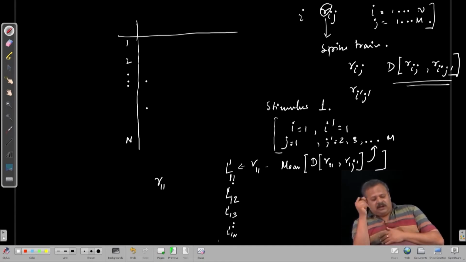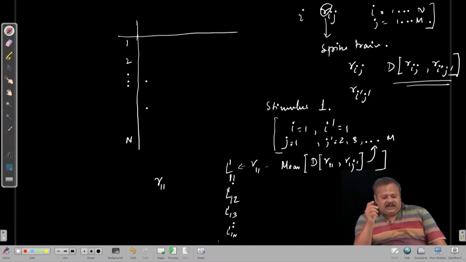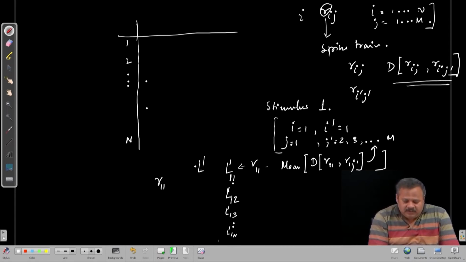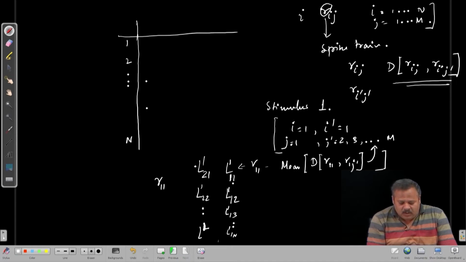Now the same thing will be done for the first stimulus, with the second spike train assigned to the first group, or the first stimulus with the rest of the spike trains, similarly to 2 and so on, L2, L1 to capital N, and this will go on till our L1 M1 up to L superscript 1 M N.